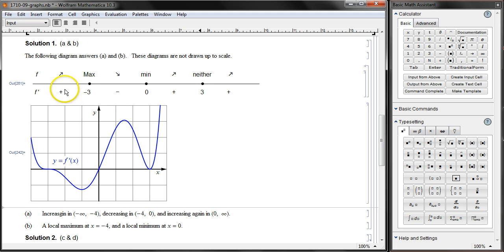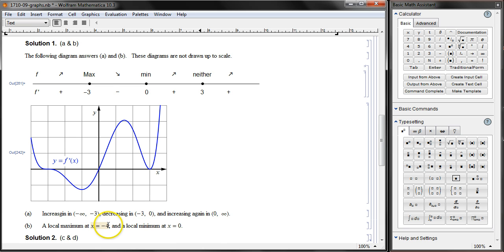So this diagram completely answers part A and part B of the problem. Of course, you can write everything like this: increasing in negative infinity to negative 4, decreasing in negative 4 to 0, excuse me, negative infinity to negative 3, I miscounted. 1, 2, 3, okay, negative 3, sorry about that.